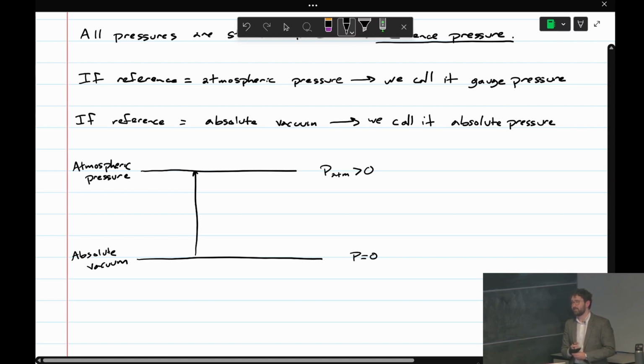So atmospheric pressure is usually given as absolute pressure, so relative to absolute 0. I don't think there's a good analogy with temperature there. But atmospheric pressure is in absolute pressure units. So the gauge pressure is defined relative to atmospheric pressure. So that would be, say, P sub G. If we're above atmospheric pressure, it's positive. And if we're below atmospheric pressure, it's negative.